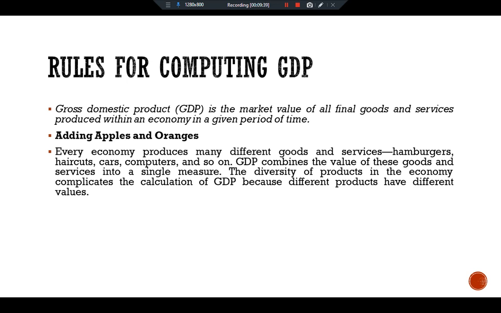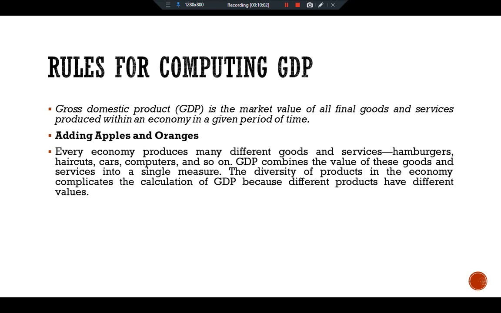Suppose for example that the economy produces 4 apples and 3 oranges. How do we compute GDP? We can simply add apples and oranges and conclude that GDP equals 7 pieces of fruit, but this makes sense only if we thought apples and oranges had equal value, which generally is not true.